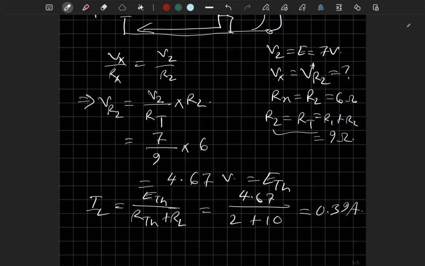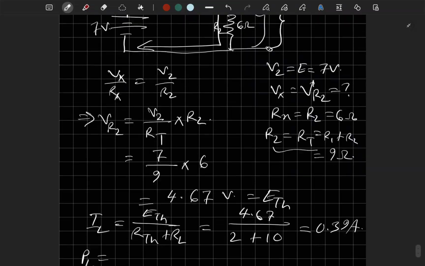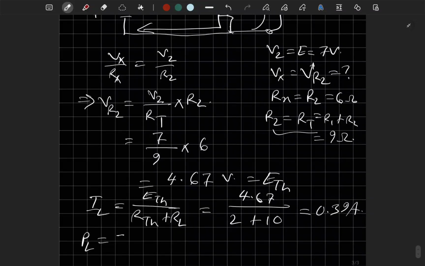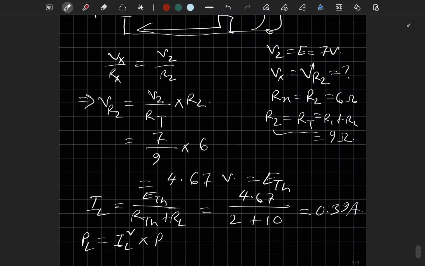amperes. Okay, so what's PL? PL is the power drawn by the load resistance, which is 10 ohms. We have IL squared multiplied by RL.